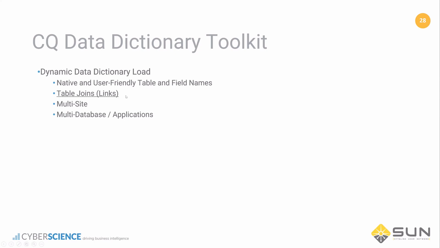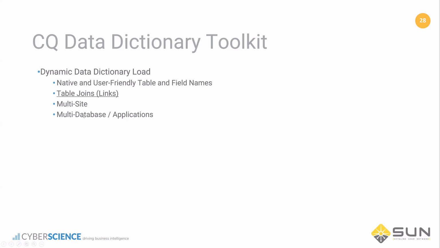The one that I really care about, because again, I'm an accountant, is that the system goes through and figures out all the joins. So as an accountant, now I can just click and drag from any table, and the system figures out how to build the relationships between all the other tables that I might need. And again, that's all done automatically. The system handles multiple sites right out of the box.